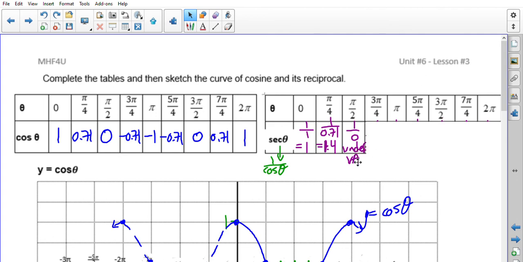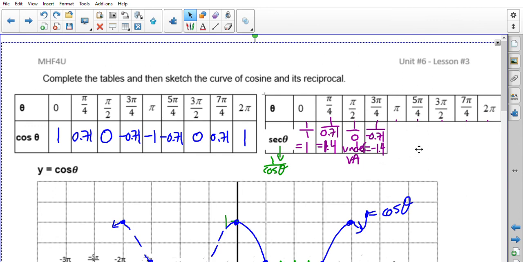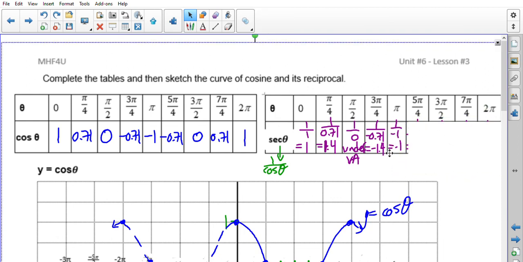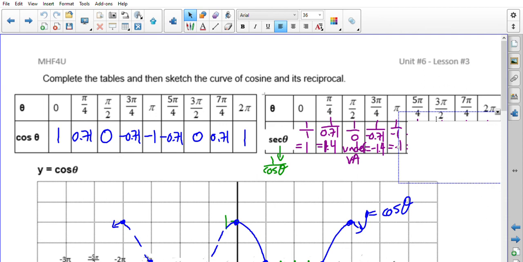We know that's undefined, so we have a vertical asymptote. 1 over cos at 3 pi over 4, 1 over -0.71, so -1.4 roughly. 1 over cos at pi, 1 over -1, so that's -1. You should be noticing a lot of the same numbers as with sine's reciprocal, cosecant.